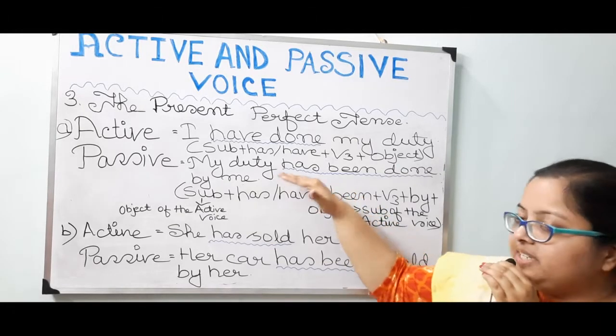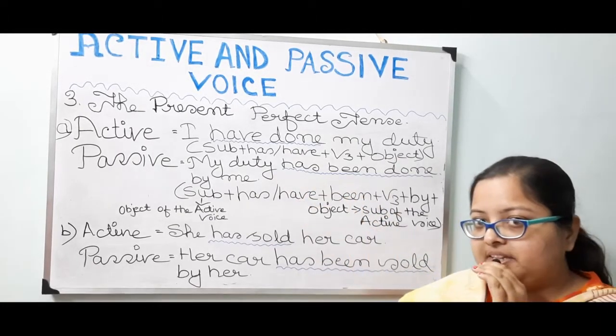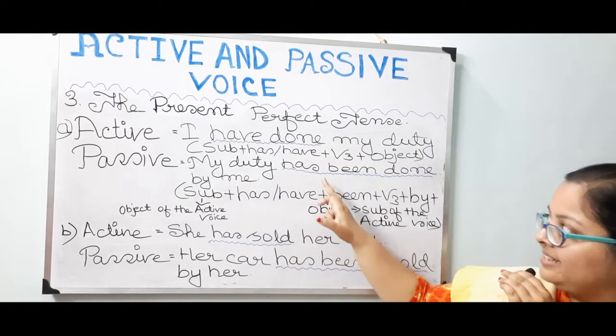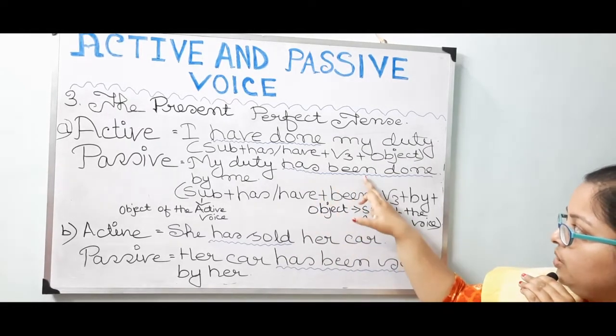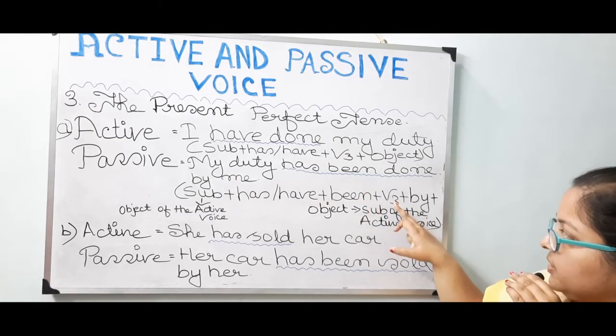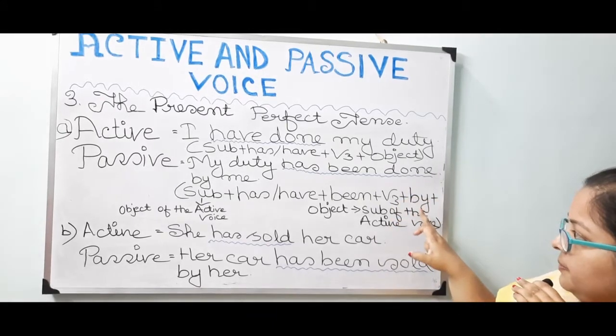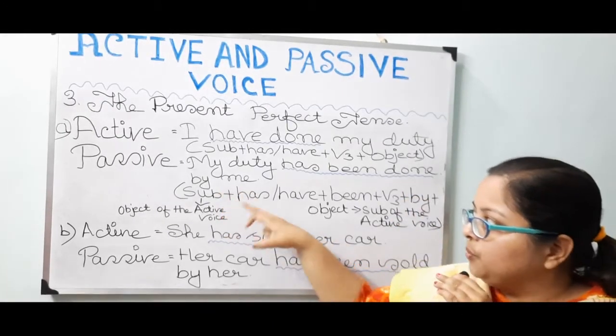Then duty is singular in form, so has. With that we have to put has. Then according to the rule, been. Okay, then third form of the verb do, that is done. Okay, then by according to the rule.